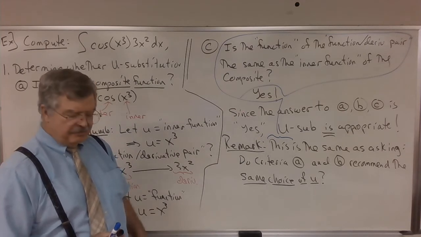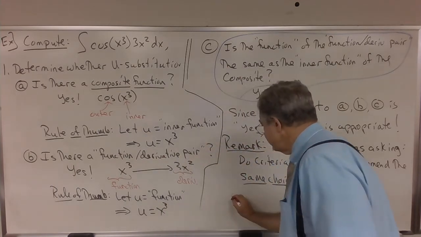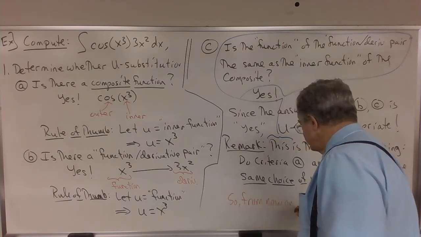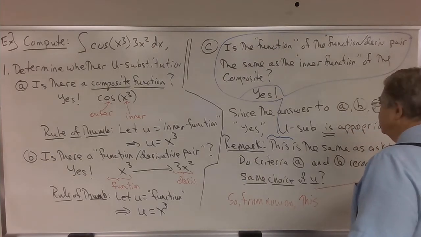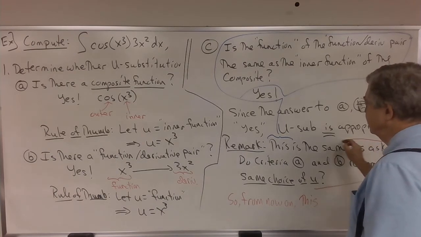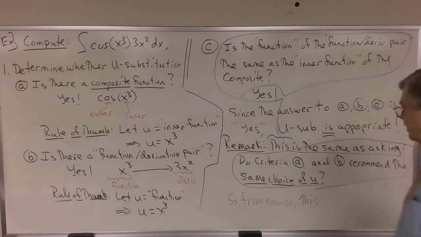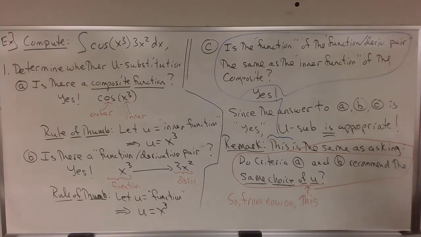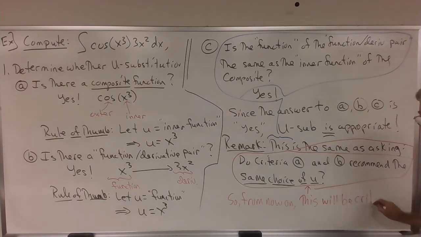So from now on, this will be criterion C. From now on, do criteria A and B recommend the same choice of u? This will be criterion C.